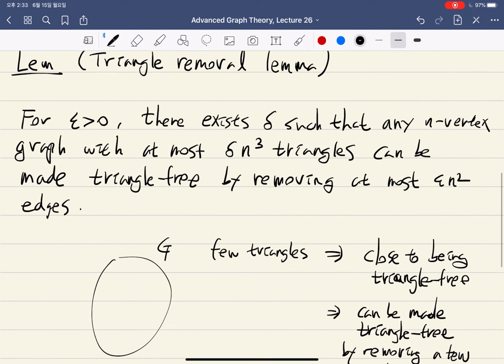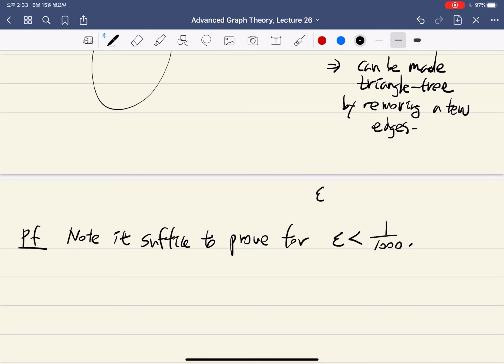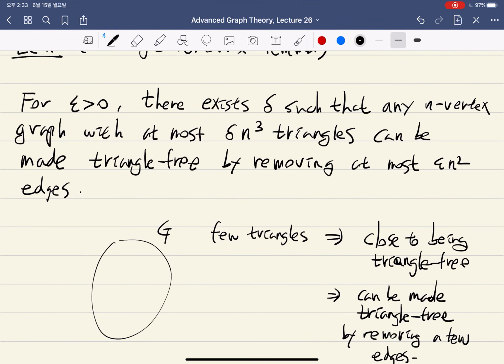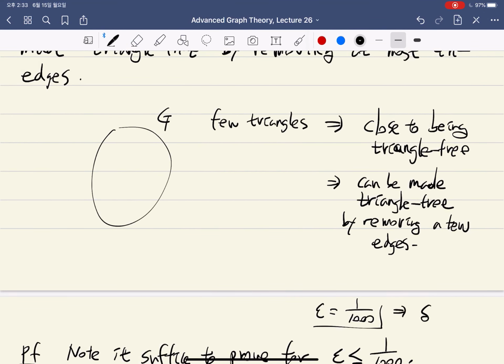Because if it is true for epsilon smaller than or equal to 1 over 1,000, then let epsilon be exactly 1 over 1,000, and in this case you have a delta.